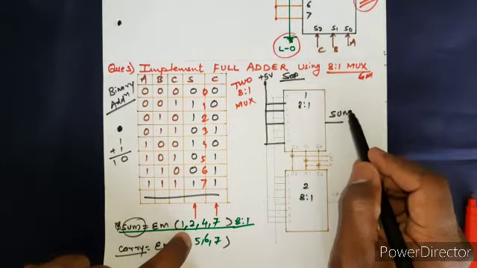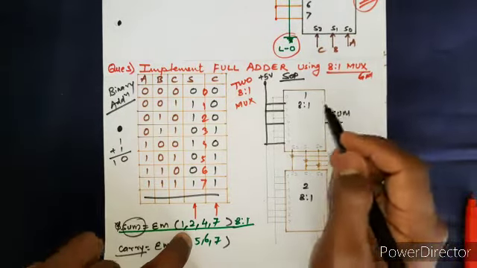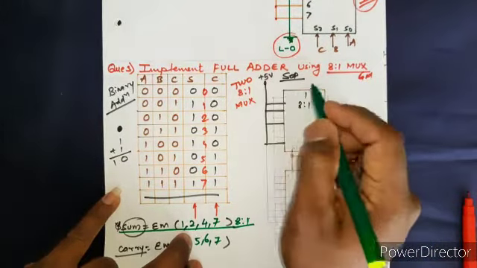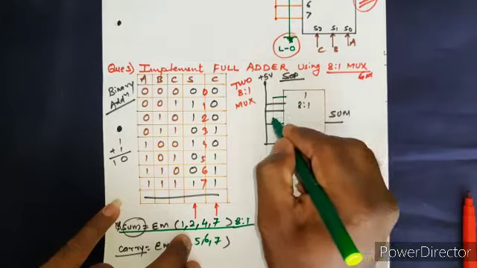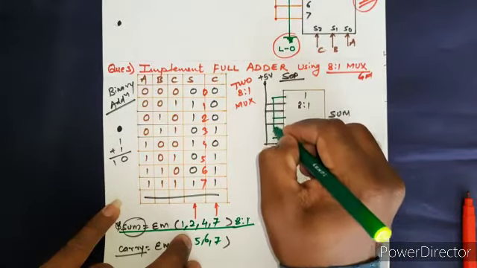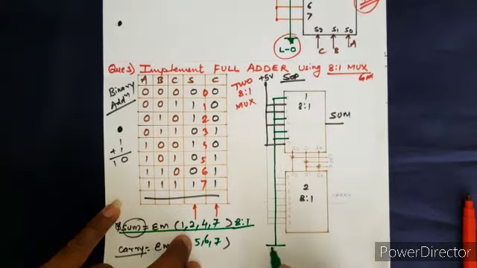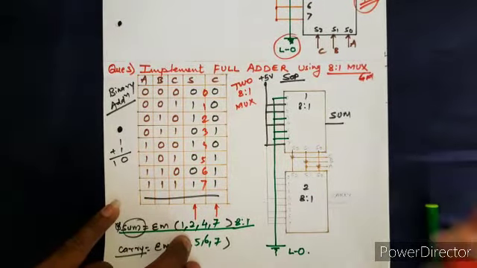Now here we are talking about sum only, not about carry, so don't get confused here. All other inputs of sum are supposed to be connected to ground. So we have 0, then 3, 5 and 6, they all are connected to ground, so logic 0.